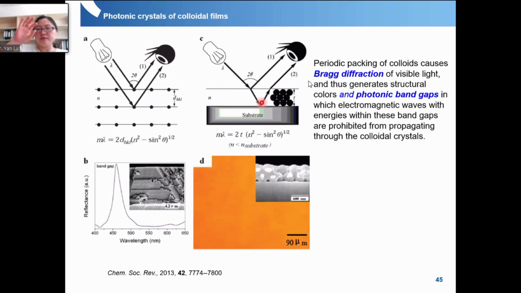If you understand this Bragg diffraction, this is the equation for how you can tune these photonic band gaps, then of course you have a huge possibility to tune the color of your final colloidal films.